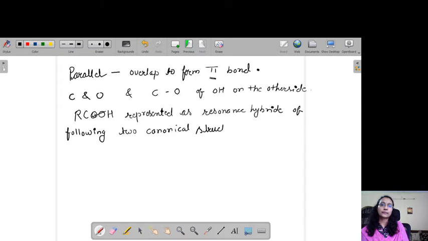How can we write these? We can write it like this: double bond OH. When we say that, we can write them as the resonance structures.